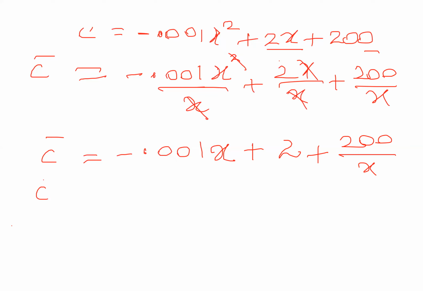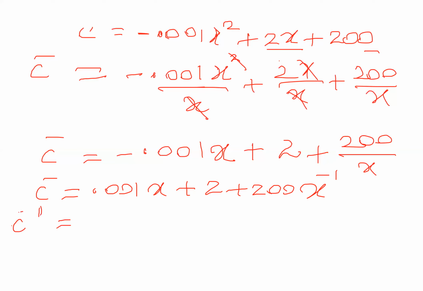I can write it this way: 0.001x plus 2 plus 200x with a negative power. When I bring it to the upper side, it becomes the minus power. Now we can differentiate that one.